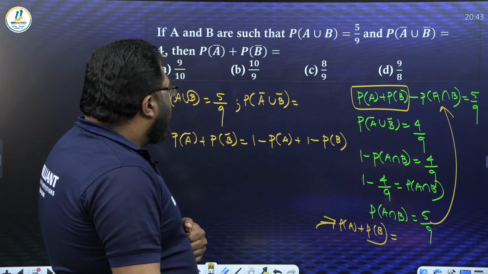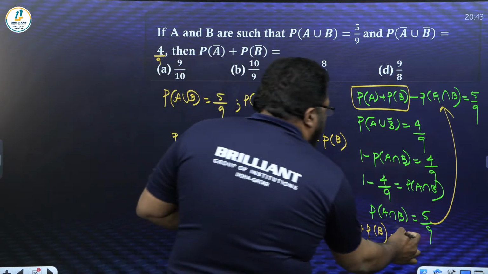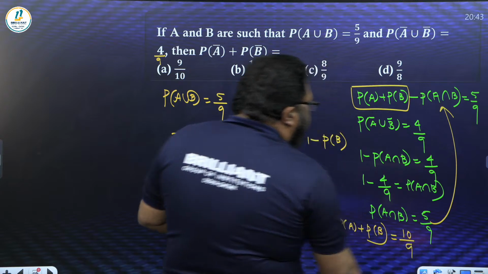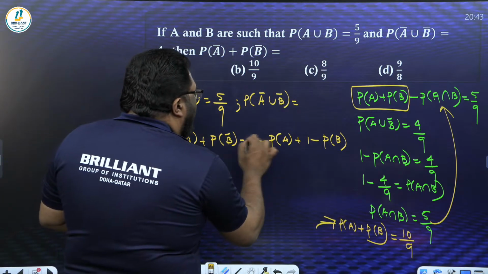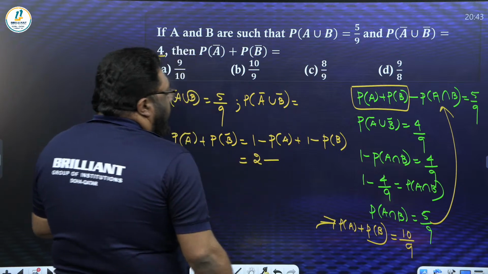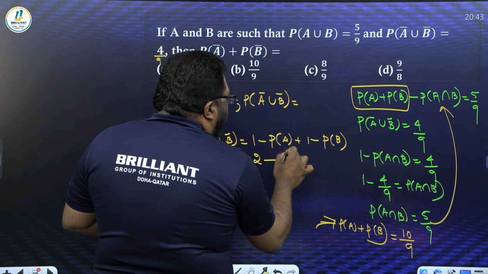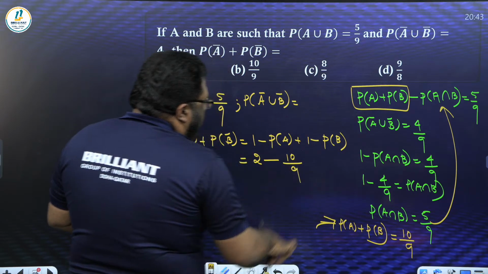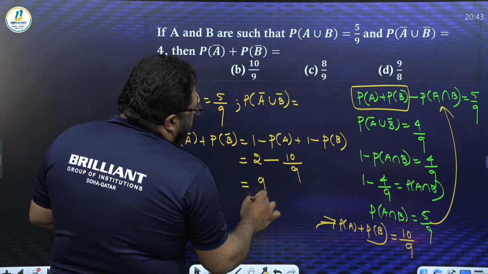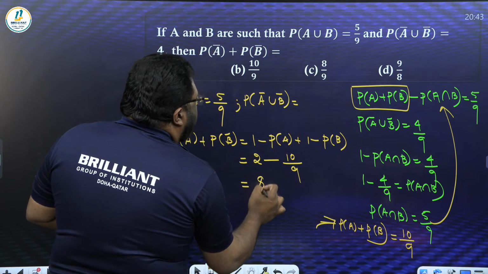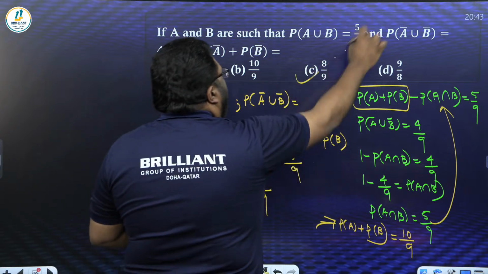More than 1. Okay, let's see anyway. It's coming 5 by 9 plus 5 by 9, which is 10 by 9. So 1 plus 1, 2 minus P of A plus P of B, 10 by 9. So 18 minus 10, 8 by 9. I don't know if there is an option. Yes, option is there. Option C.